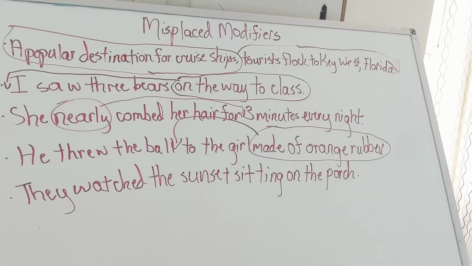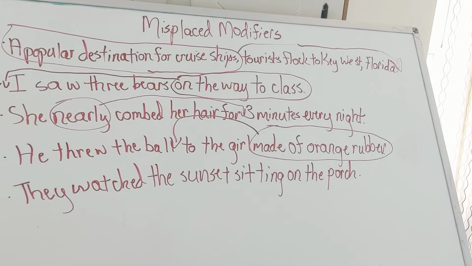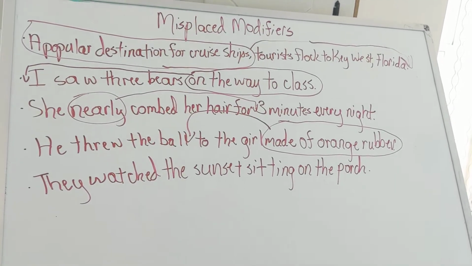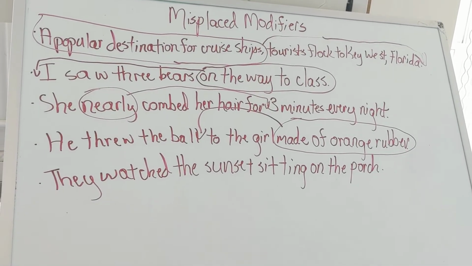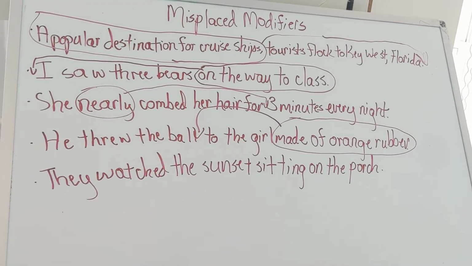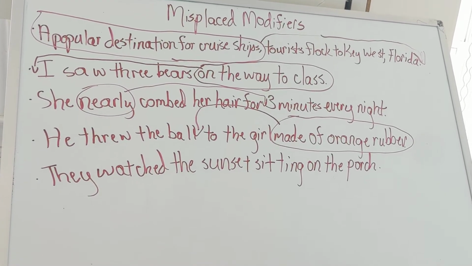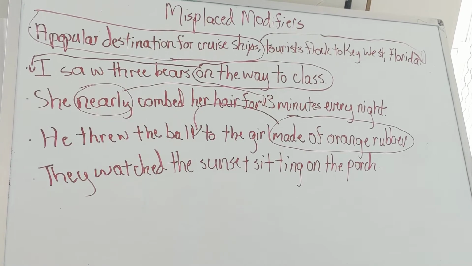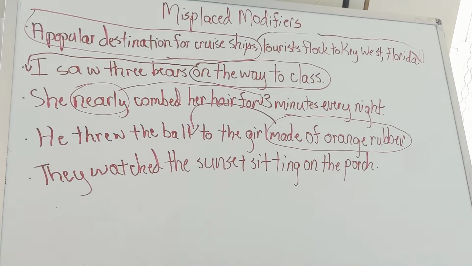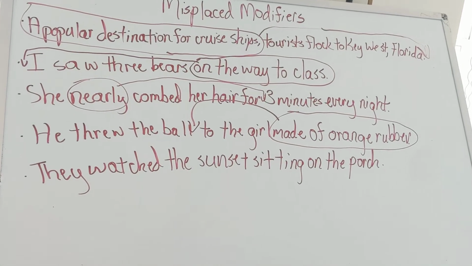Okay, our last example. They watched the sunset sitting on the porch. Is the sunset actually sitting on the porch? No, it's not. So what phrase is the misplaced phrase in the sentence? That's right, it's sitting on the porch. So you're going to circle that phrase. And what other word do you think it's describing?